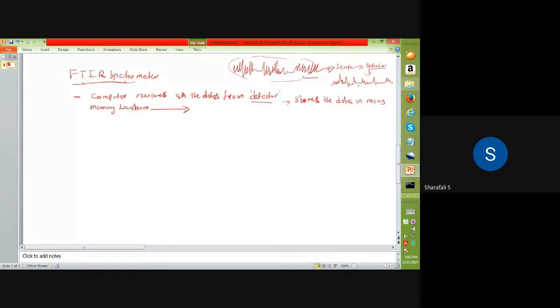And this will go to the computer system, not the spectrum itself but the intensity associated with it. For example, your spectrum is like this after the sample, because some of the frequency will be absorbed by the sample, and the remaining is like this, for example.